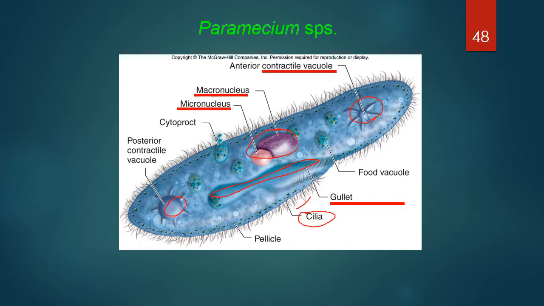But the important way to remember it is that the organism cannot survive without the macronucleus, because that's where all the metabolic activity is coded for, but it cannot reproduce without the micronucleus. So you want to make sure you can not only distinguish between the two, not necessarily under the microscope, if you can, that's awesome, but to know what the role of each one is.